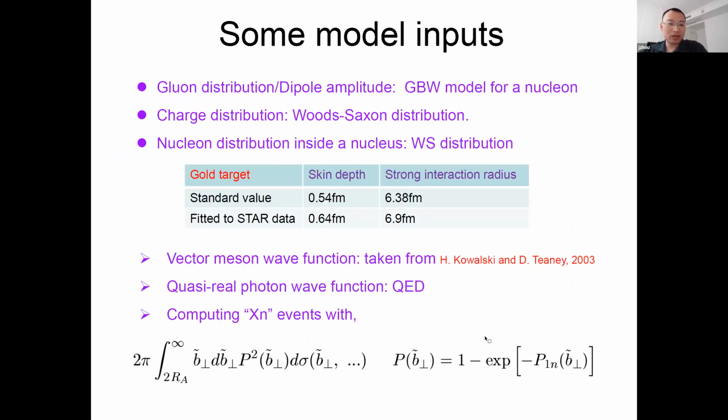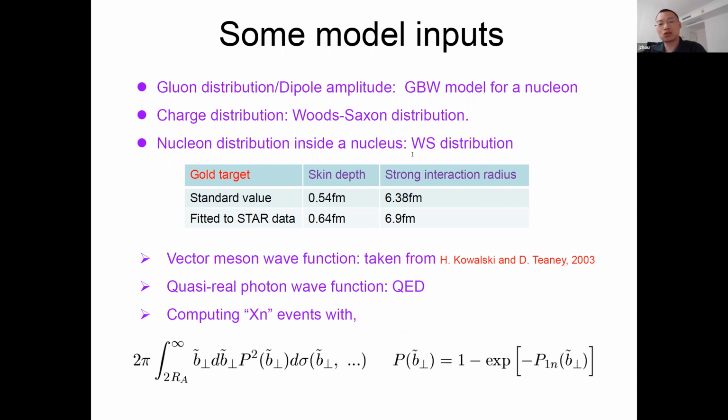Okay. Before presenting our numerical results, let me introduce some model inputs we used. First of all, for the Color dipole distribution or the dipole amplitude, we use the GBW parameterization. We compute the gauge potential with the standard Woods-Saxon charge distribution to determine the impact parameter dependent Coulomb distribution. We use the modified Woods-Saxon distribution with a slightly larger nuclear radius.